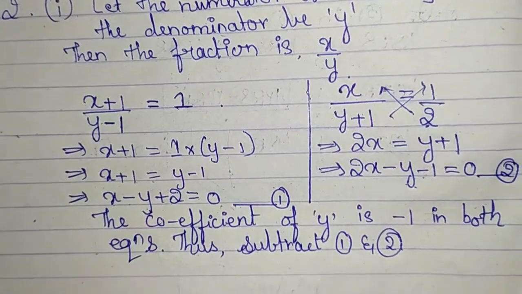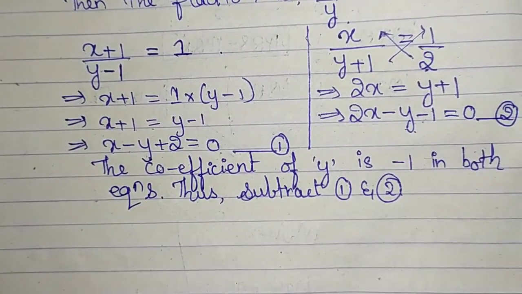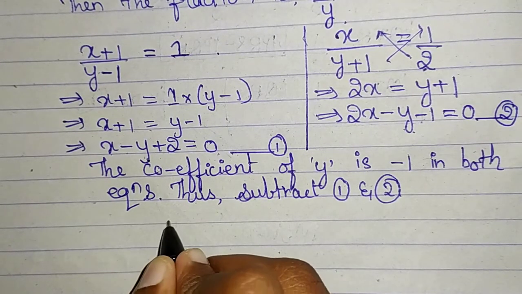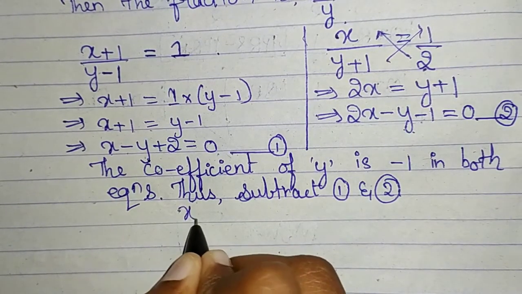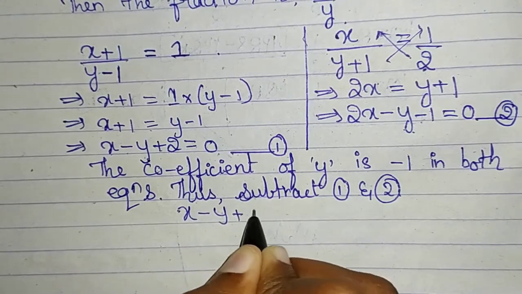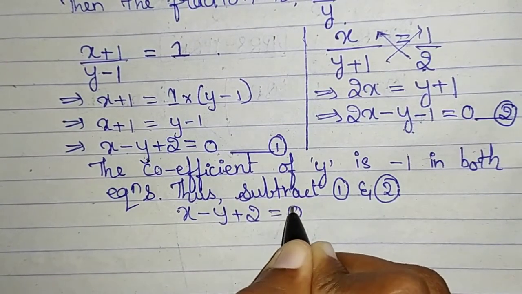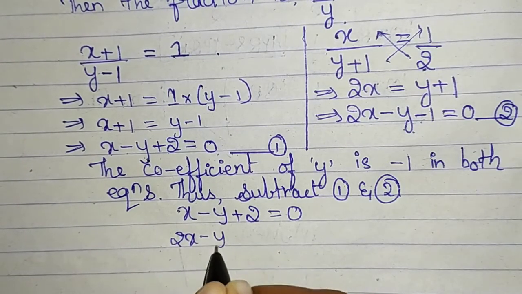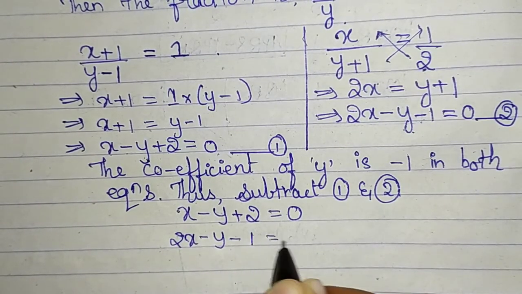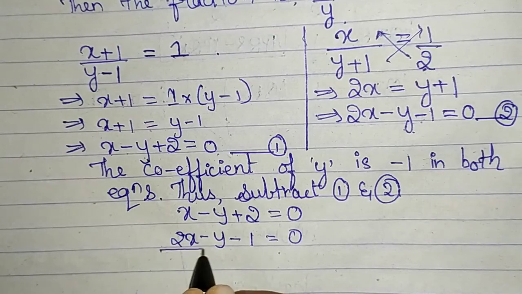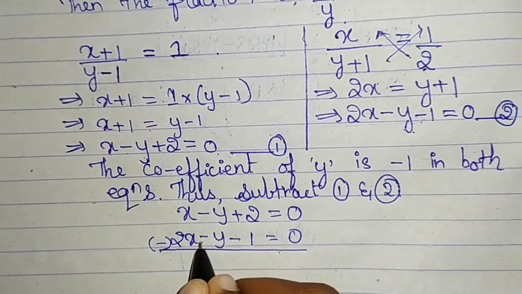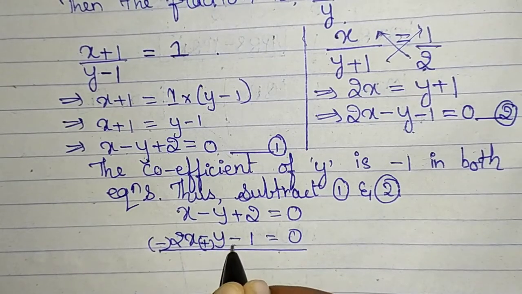Subtracting 1 and 2 will eliminate the variable y, then we'll get the value of x. So since we are subtracting 1 and 2, let us write them down. x minus y plus 2 is equal to 0, and 2x minus y minus 1 is equal to 0. Since we are subtracting them, the signs will change at the bottom. Plus becomes minus, minus becomes plus, and once again minus becomes plus.